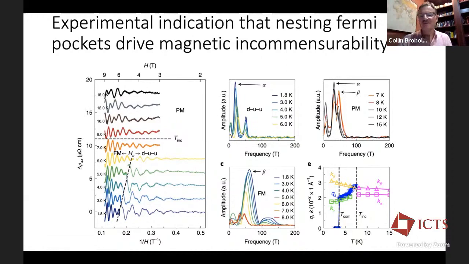And what I'd like to point out here is that the rates of the temperature dependence of different experimental measures of the linear dimension of the Fermi surface are similar versus temperature, and that indicates to us that the incommensurability observed is actually driven by the nesting of these pockets formed by the electronic band structure. So this is what I call an experimental indication.